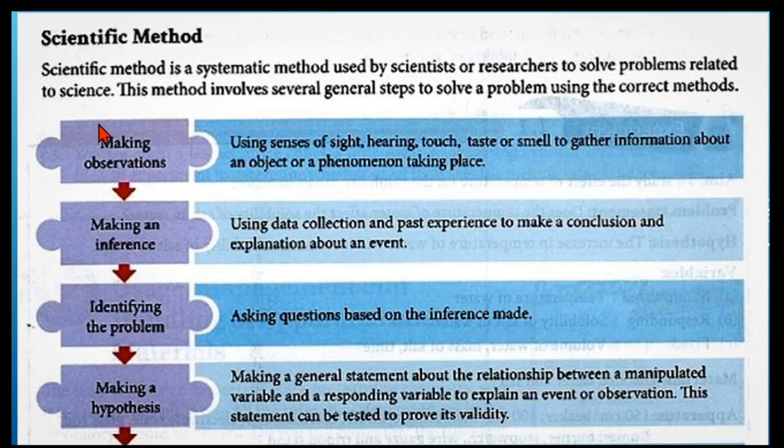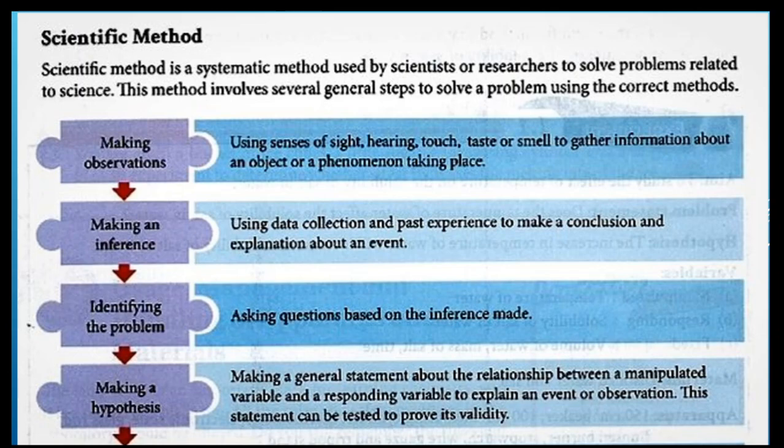Okay, so the first one is making observations ataupun membuat pemerhatian. So kita menggunakan kita punya deria. Berapa deria kita ada? 5 senses. Okay, sight, hearing, touch, taste or smell. So from our observation, we will gather informations about the phenomena.